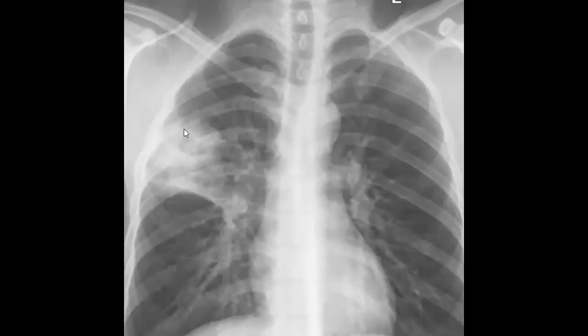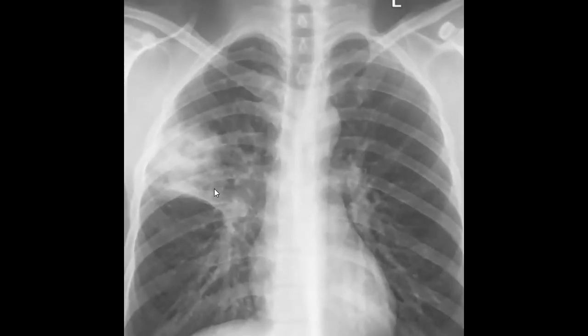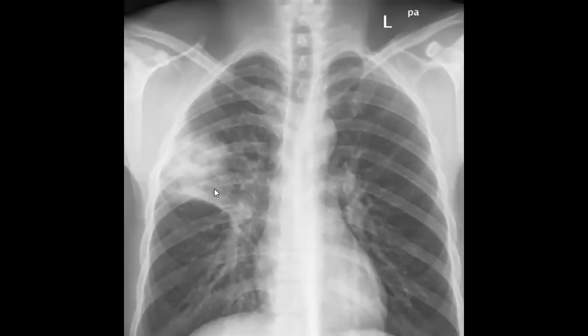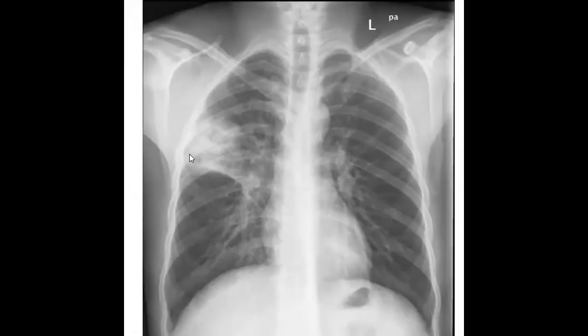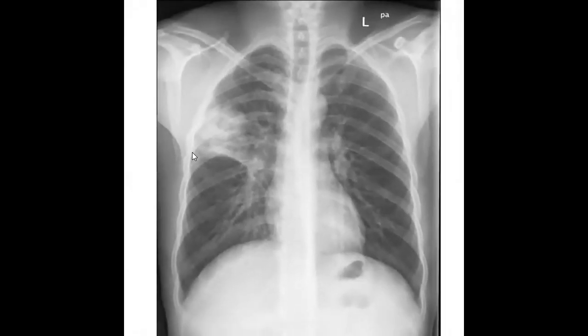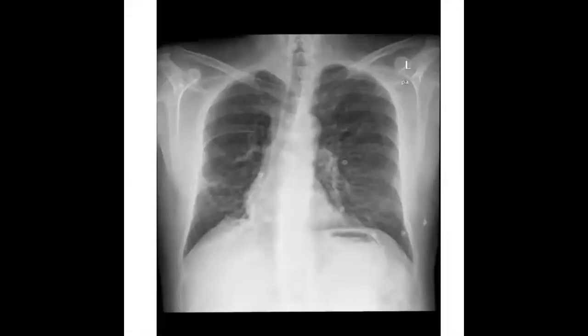Because there is cavitation, yeah. And not just TB, you should put other differentials, especially malignant cavity and fungal. But with the cavitation, TB should be kept in mind, in a typical location. Again, consolidation.